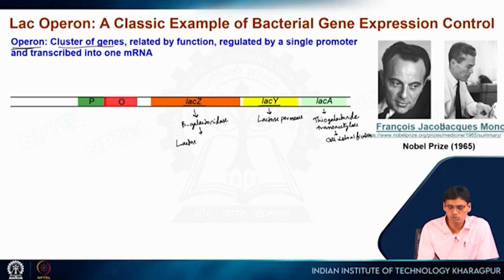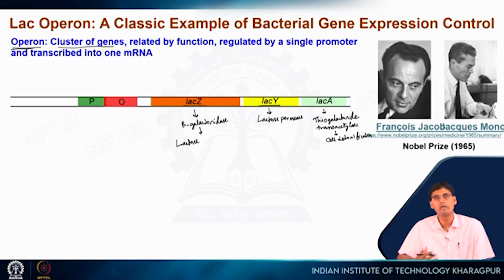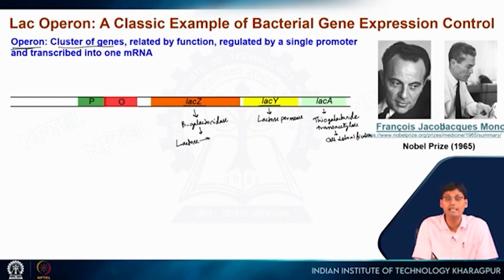So this lac operon we are discussing to understand how bacteria metabolize lactose. Lactose should be metabolized into glucose and galactose. Lactose should be broken down into glucose and galactose because lactose is a disaccharide. It should be broken down into glucose and galactose for the production of energy.